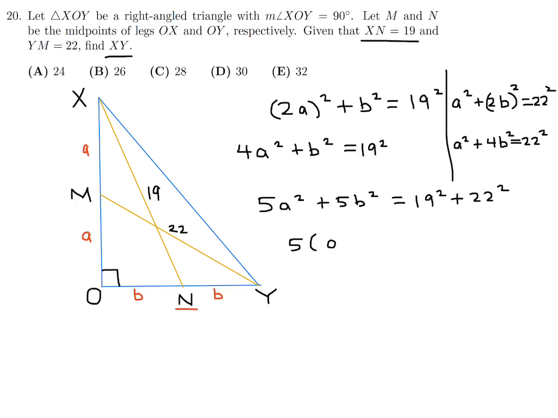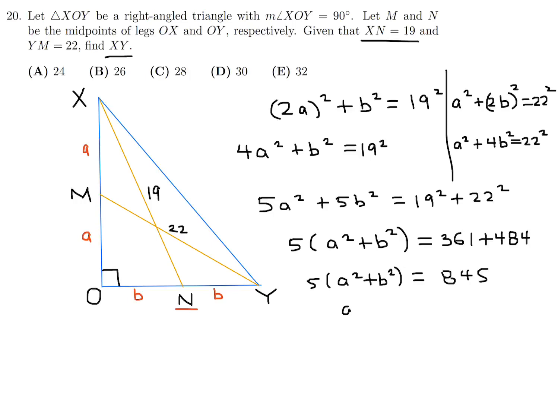So factor out the 5. 19 squared is 361 and 22 squared is 484. So this becomes 845. 5 times a squared plus b squared. And then divide through by 5. And that will give you 169. Okay.